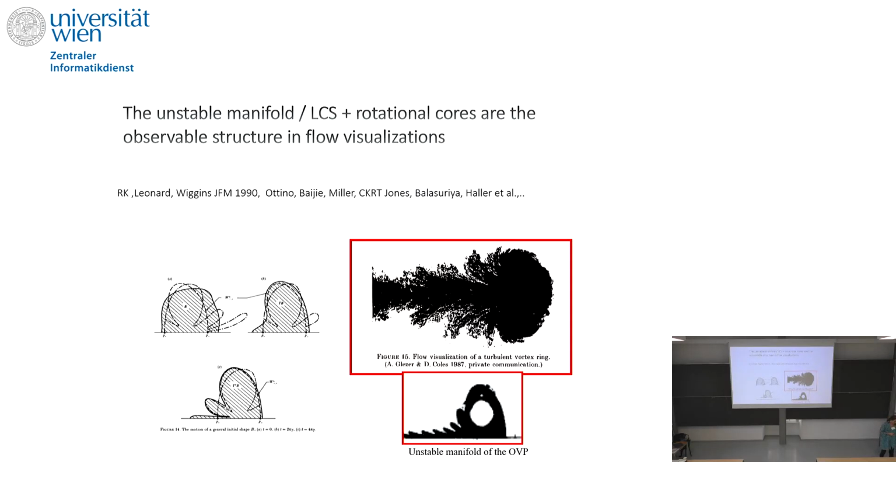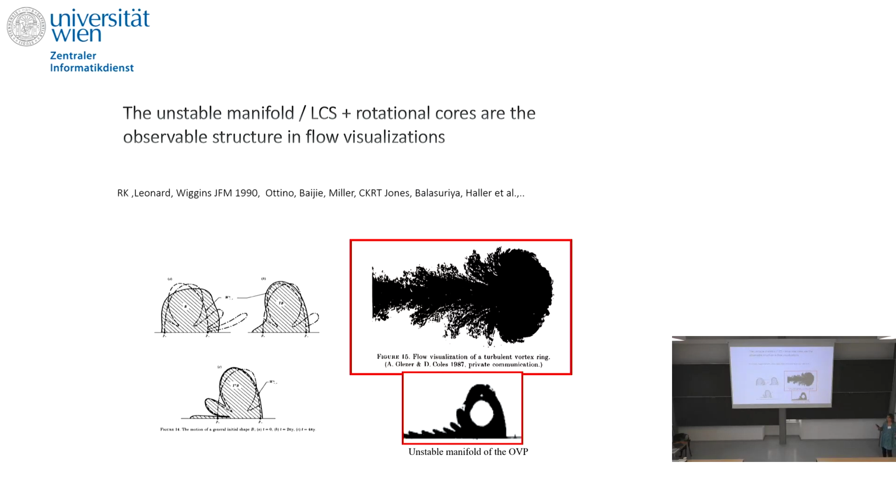I think for people not in the field, one important concept, important for many fluid flows, not just in this context, is this understanding that the unstable manifold, or what is in finite time observation called the Lagrangian coherent structures, and the rotational cores are the observable structures in flow visualization.